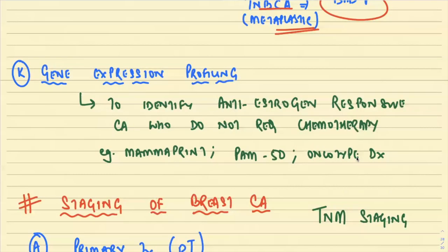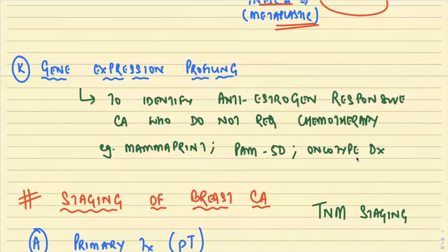Now, there is also something called gene expression profiling, which is very important for the postgraduates, but not for the undergraduates. Just remember, the role of gene expression profiling is to identify those ER positive tumors responsive to anti-estrogen therapy that do not require any kind of chemotherapy. So what I want to say, this is very important.